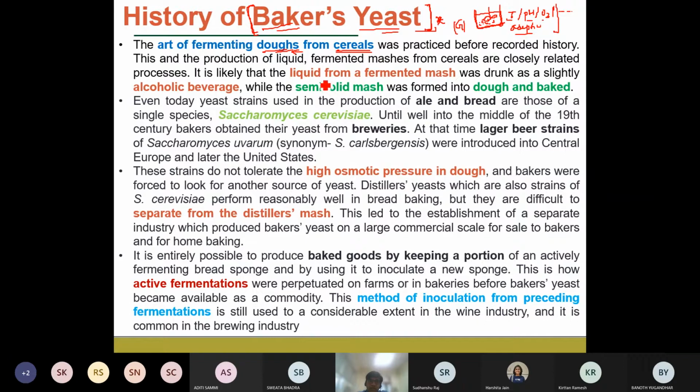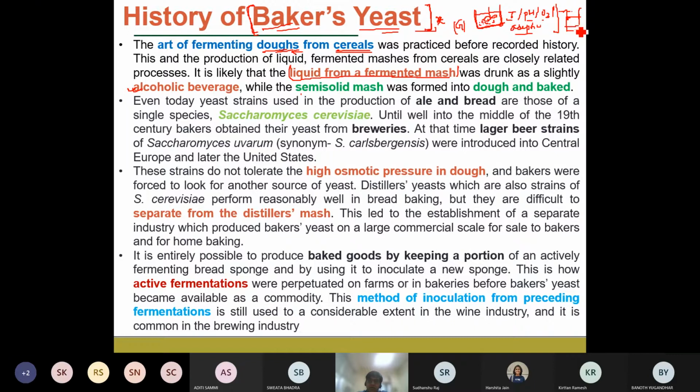The cereals were taken and fermented, and the liquid from those fermented cereals was used as an alcoholic beverage. Different types of cereals, like rice and others, were taken for the fermentation.